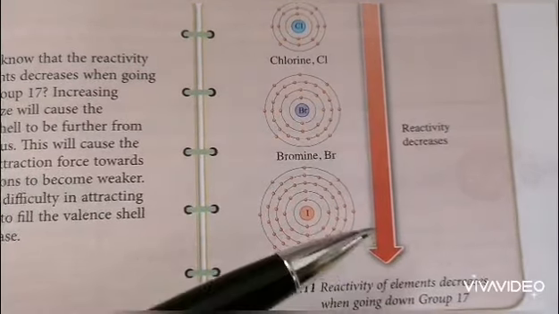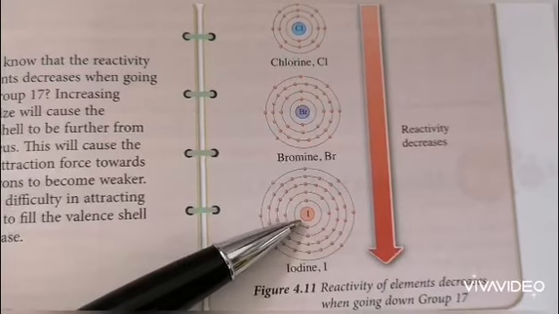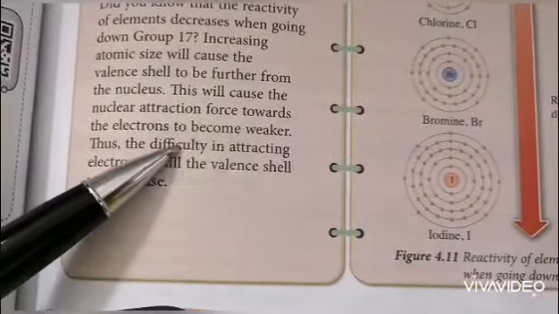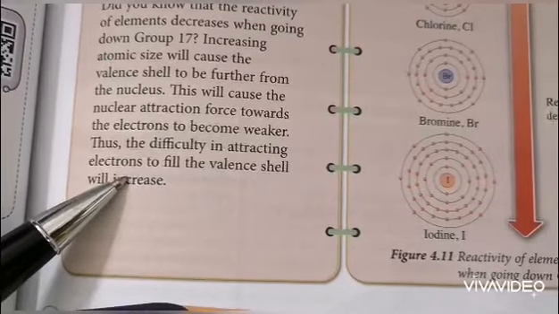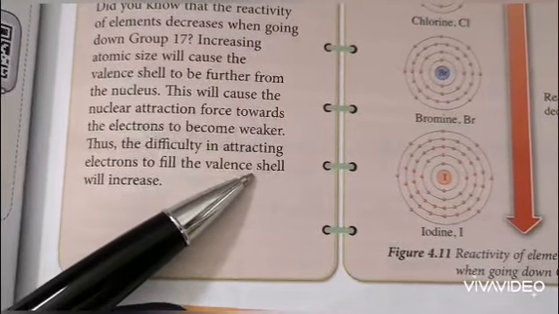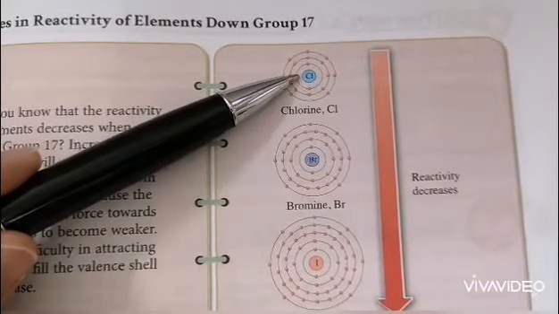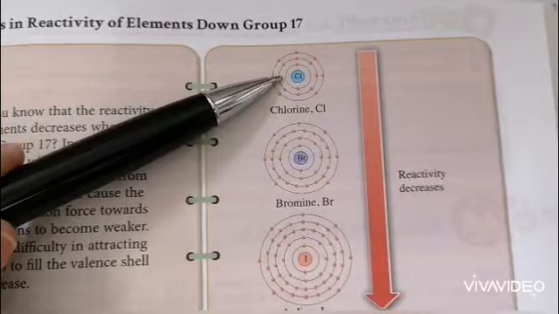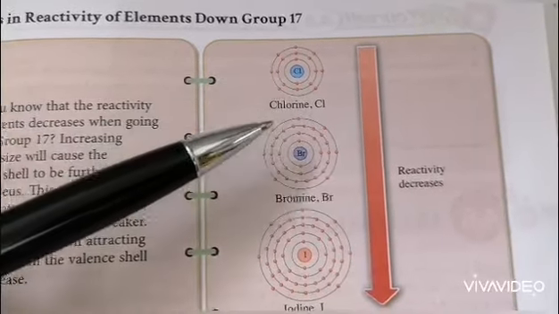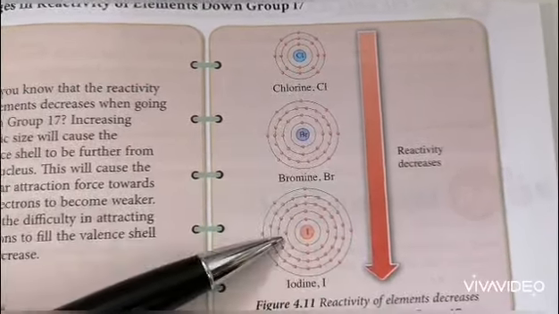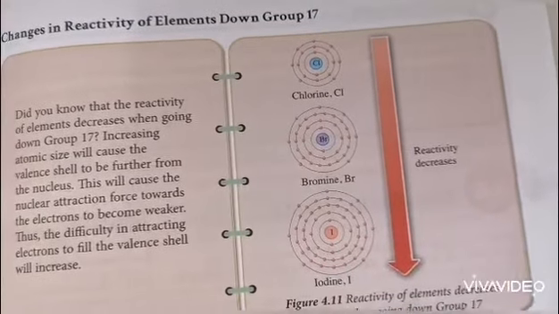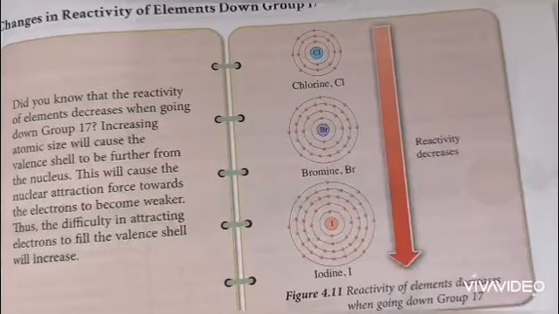So it's harder for iodine atom to attract another electron. Okay? So that's why iodine atom has more difficulty in attracting electrons to fill the valence shell as compared to chlorine atom. So chlorine atom is more reactive, followed by bromine, followed by iodine.